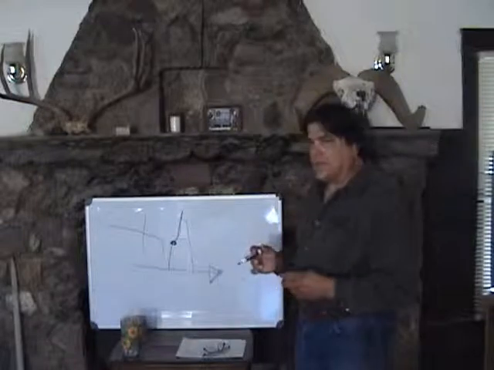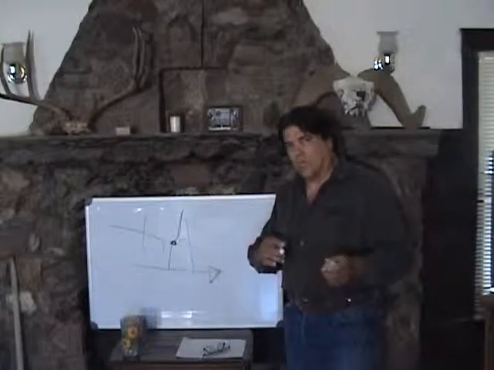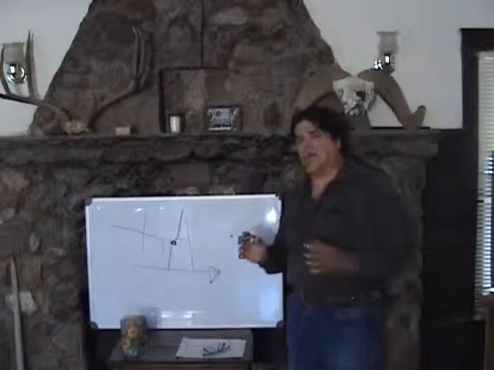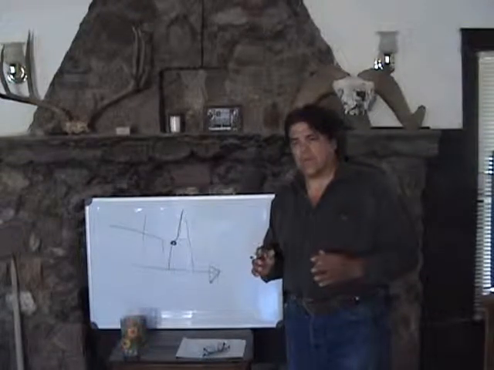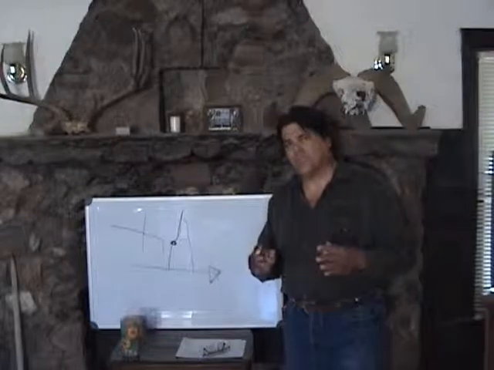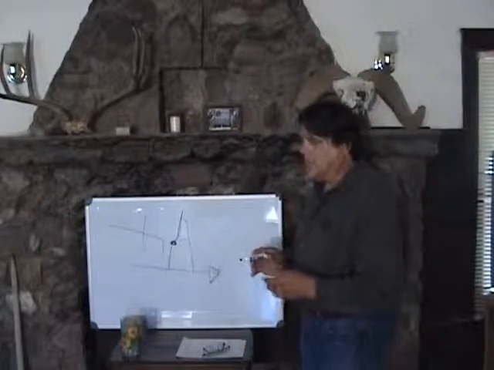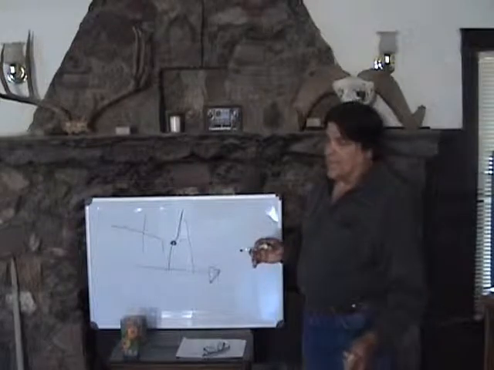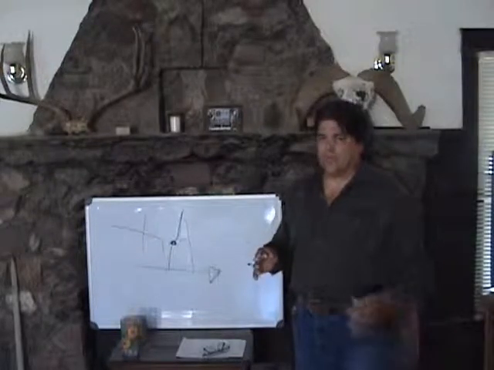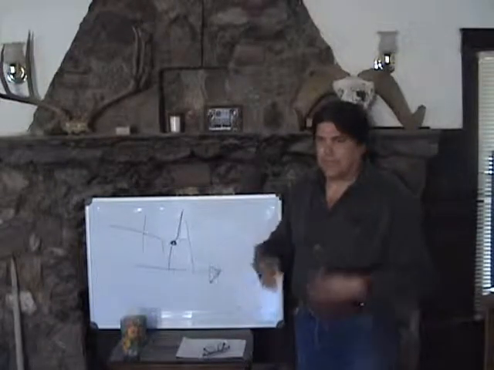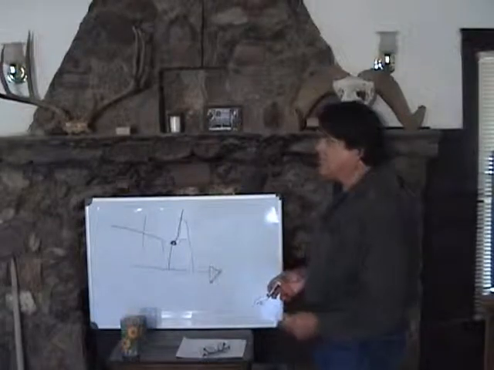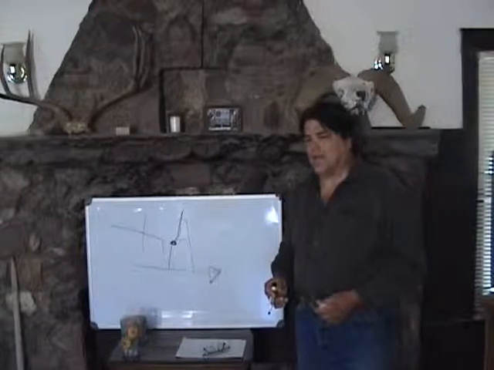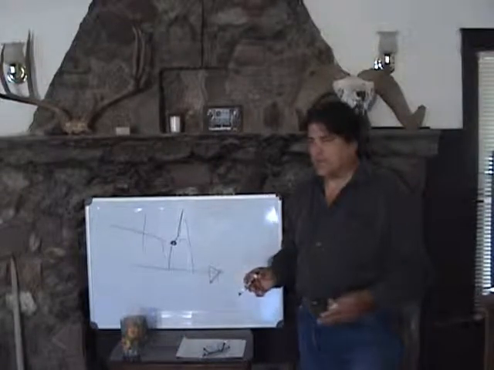Now, of course, all trails don't go to water. This is something that you've got to get out of your head, that every game trail is going to some place. It's kind of hard to believe that these animals would find a place out in the desert and walk the same place year after year after year, generation after generation after generation. But oftentimes they do. And a lot of it has to do with choke points in the terrain.